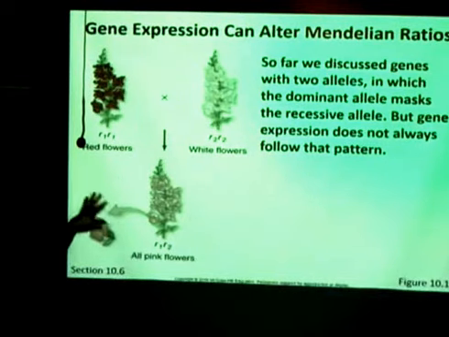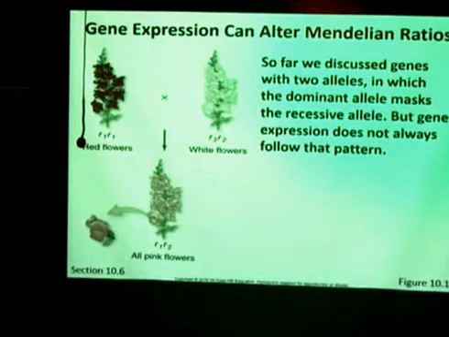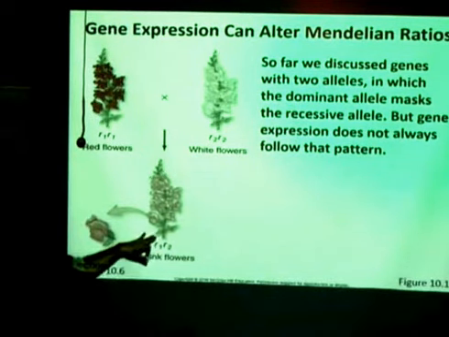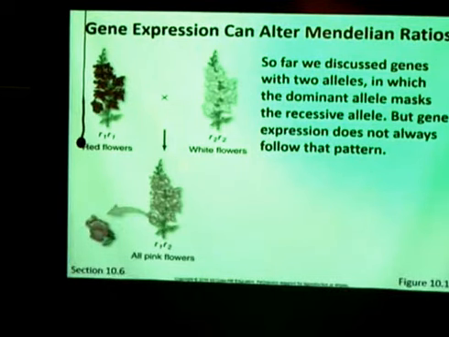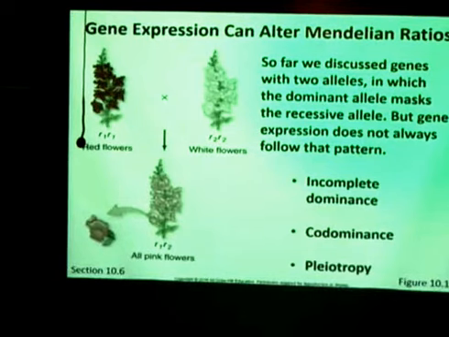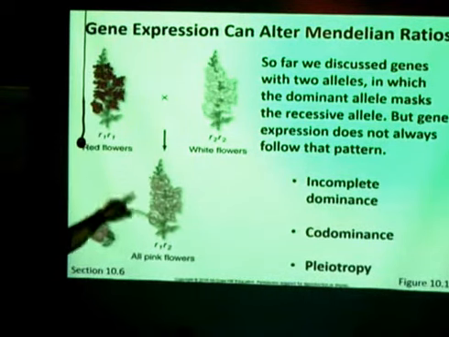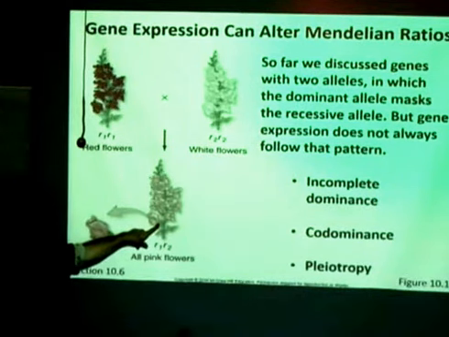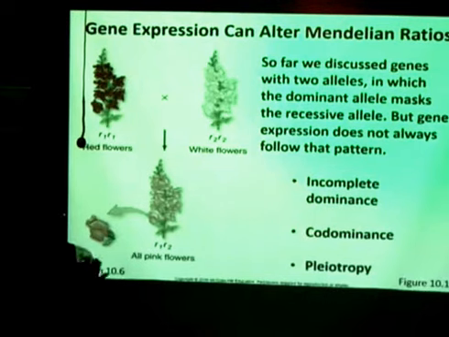So these are the ones where you will see red flowers and white flowers. When they are crossed together, they produce pink flowers. So in this case, there is no dominant. This is called incomplete dominance because the red allele is shown in the next generation, but it is not red, it is pink, as if it is dominant but not completely.